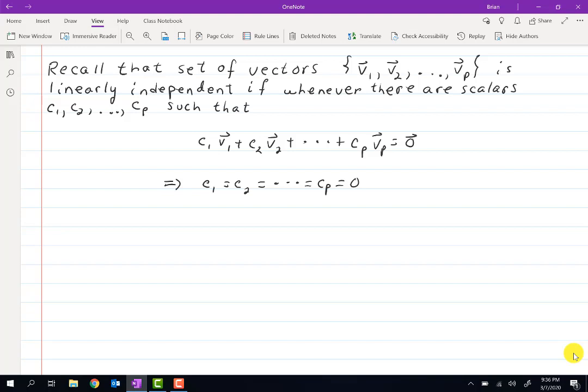Now, let's go ahead and start with it. Well, let me get a definition out of the way before I continue on.